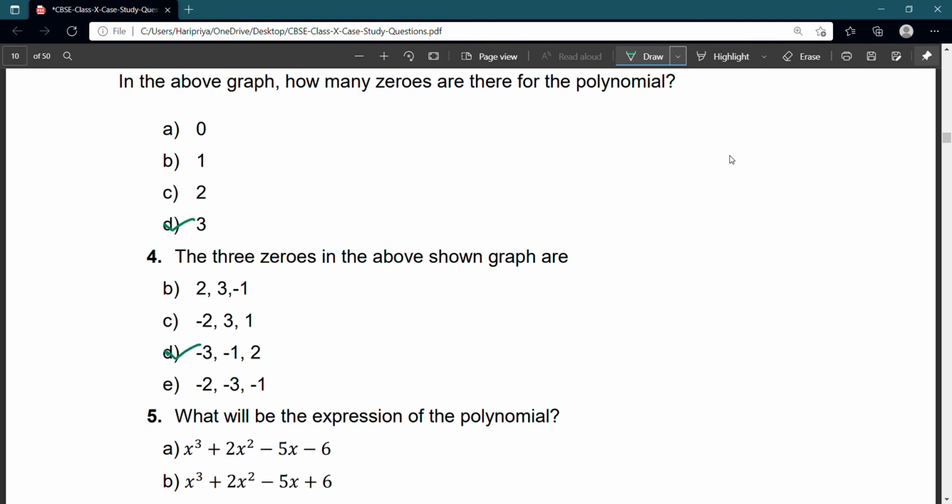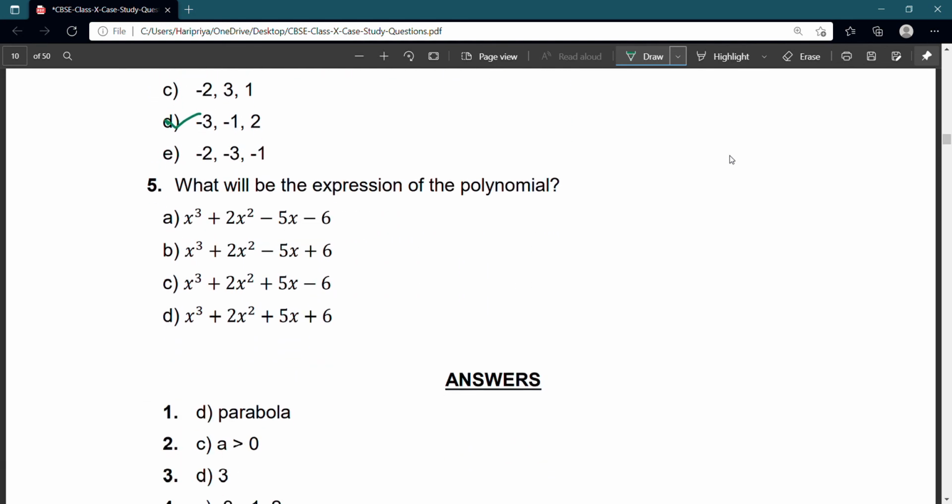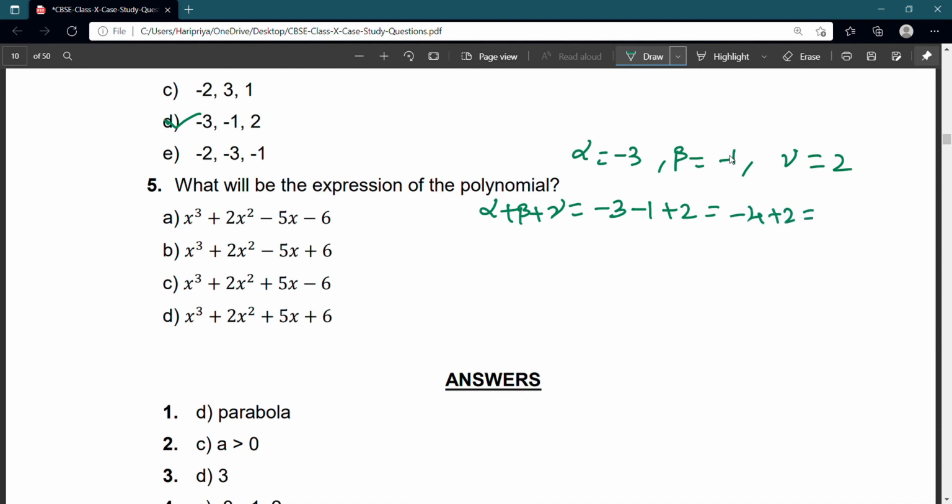Now what will be the expression of the polynomial? Here we have got 3 zeros of the polynomial. Alpha is -3, beta is -1 and gamma is 2. So we're going to write the expression for the polynomial. For that, alpha plus beta plus gamma equal to -3 -1 plus 2. It is -4 plus 2, so that is equal to -2.